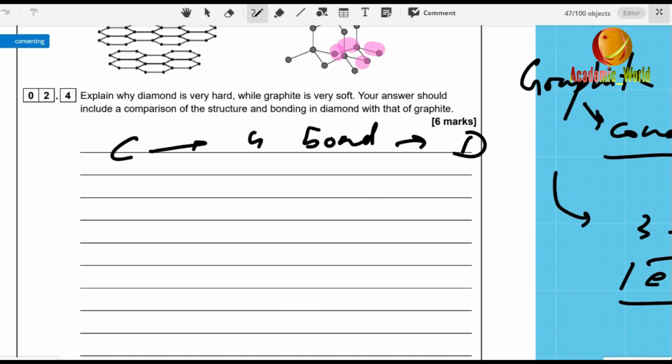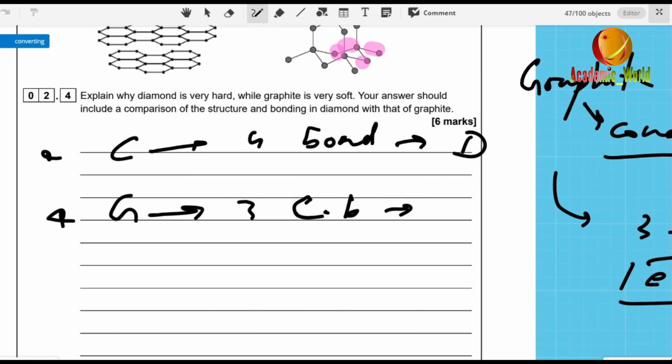So it means you have to write at least 3 points for the diamond. And for the graphite you can write again, instead of making 4 bonds, the graphite makes 3 covalent bonds.